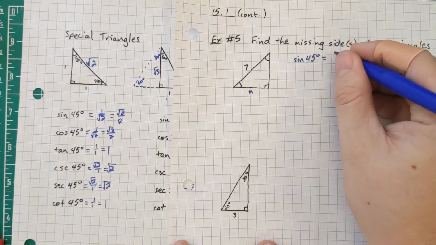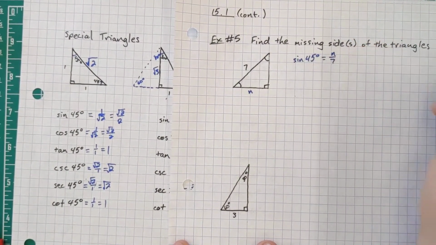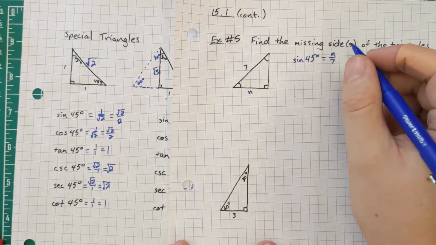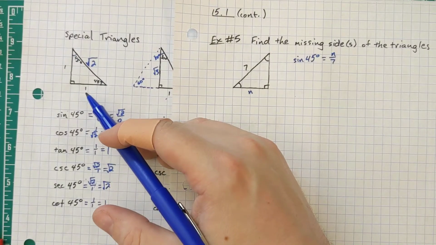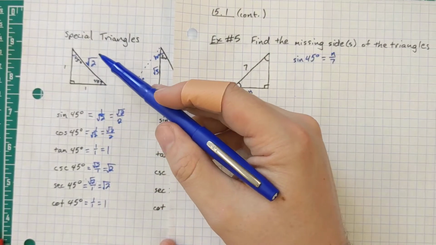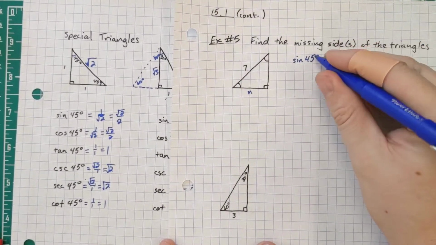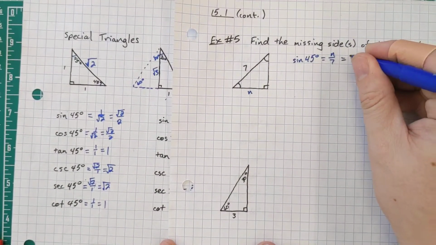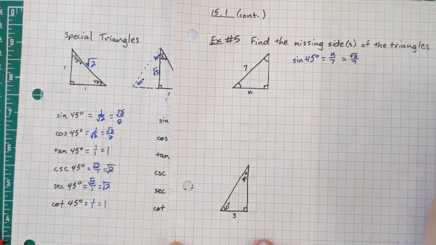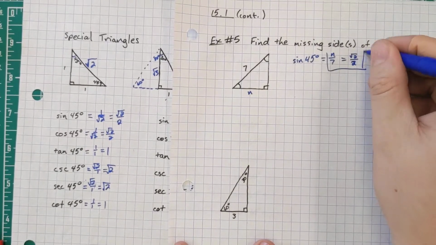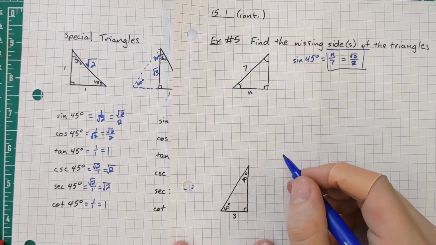So n over 7. Well, what is sine of 45 degrees if I use the simple version? That's 1 over the square root of 2, which is square root of 2 over 2. So I know that the sine of 45 degrees is really square root of 2 over 2. Oops, not 7, 2. So use this and solve for n.